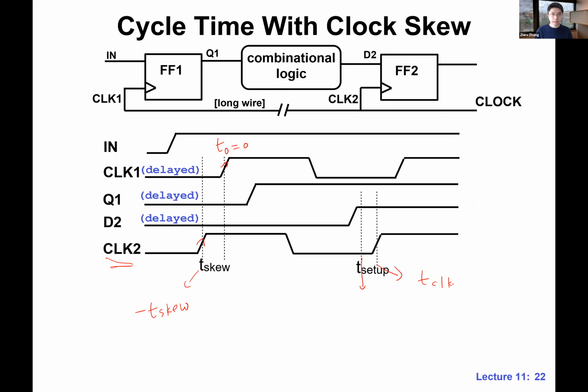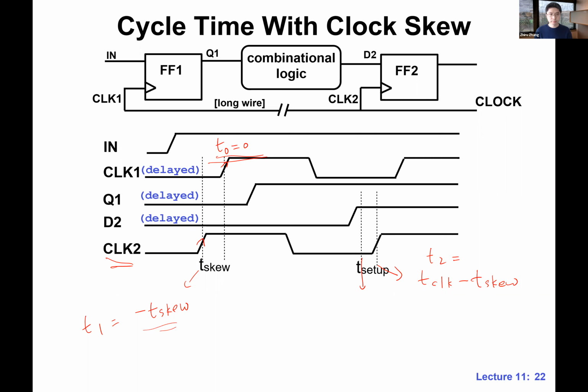With respect to this reference time, what is this? It's T clock minus T skew, right? Basically, this one plus 1 cycle. Is it clear? Again, this is T1, right? I'm defining this point as T1. Let's say I'm defining this point as T2. Hopefully this is clear.